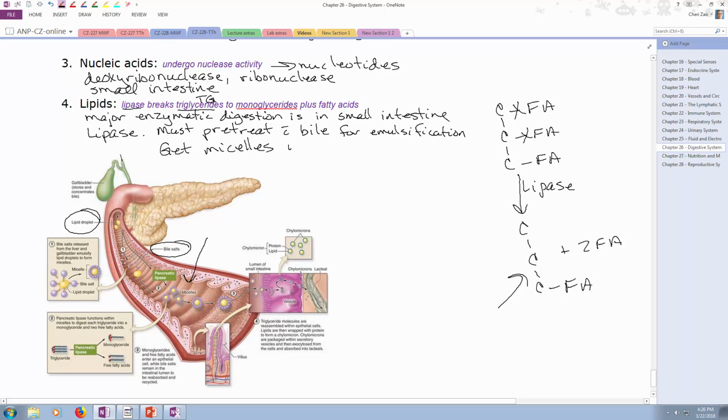So we get micelles which come into contact with microvilli, and the monoglyceride plus the fatty acids pass through the cell membrane.